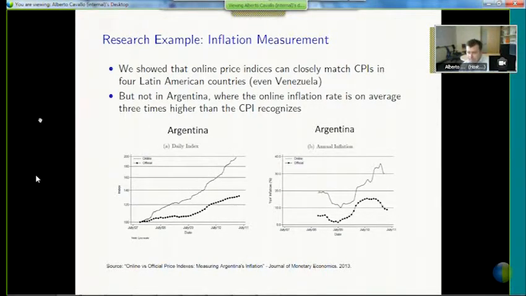After 3-4 years, the difference was astronomical, but when you see the annual inflation, you can see that there's a huge difference in level, but they behave quite the same. But if you're going to lie about statistics, you have to be at least dynamically consistent.